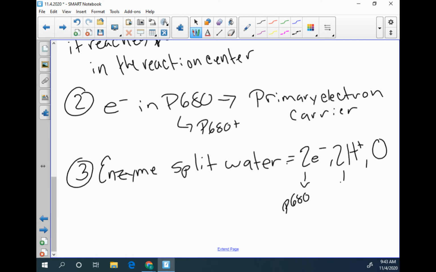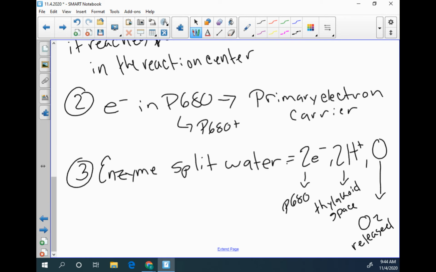The H plus will go to the thylakoid space. I could have written this all out. And that oxygen will go into O2 and be released. So 2 oxygens will find each other, join to O2, and be released.